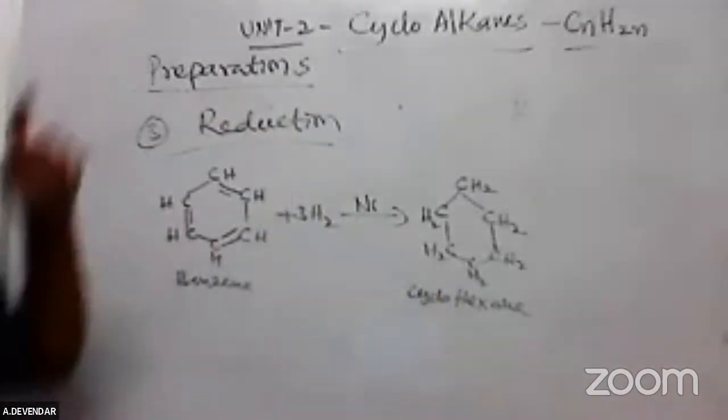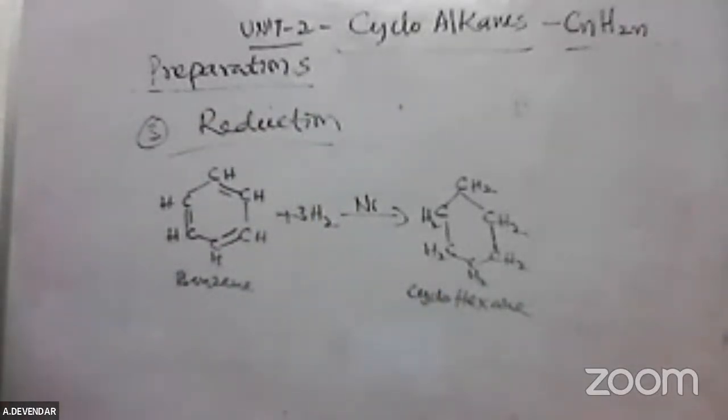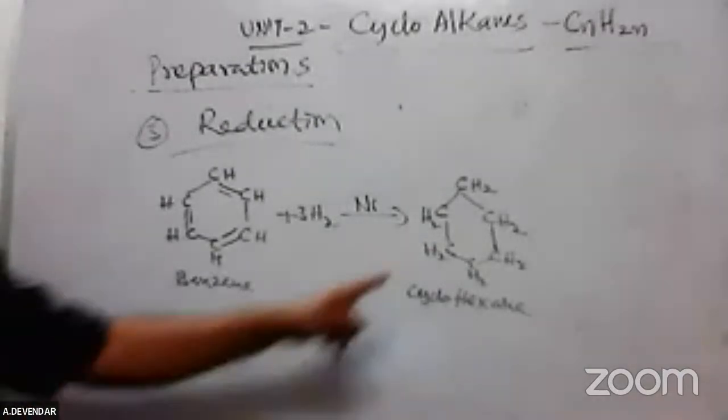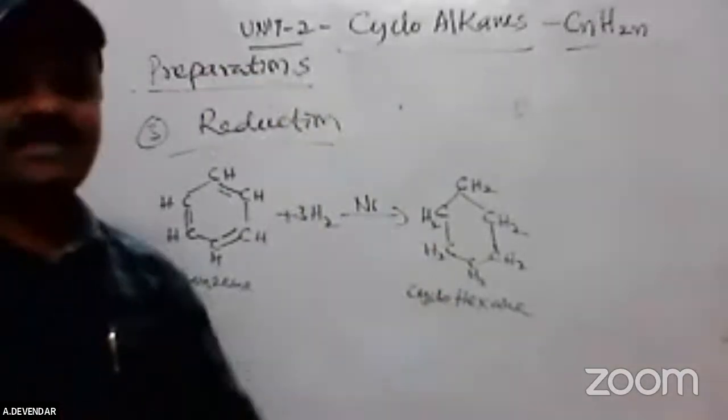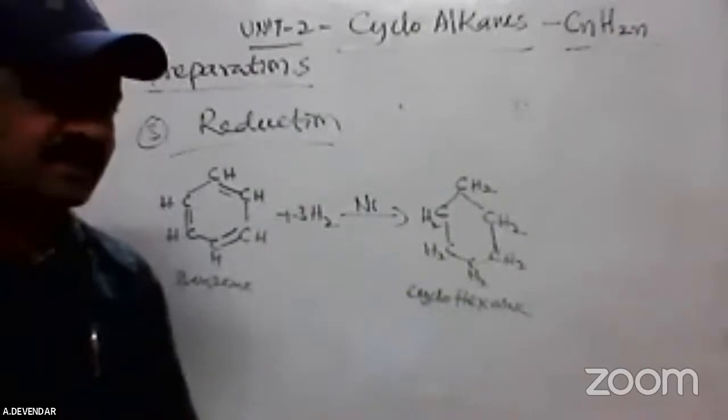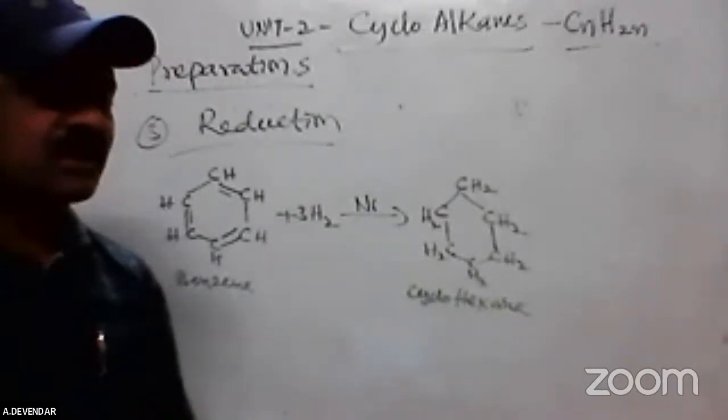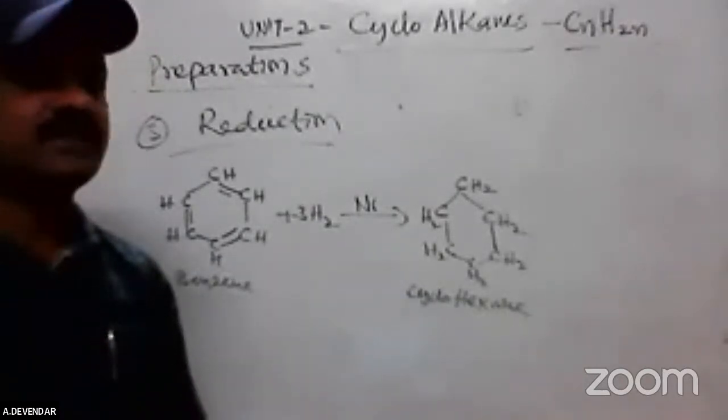This is called the reduction process. This is the simplest method of preparation of cycloalkane, but in this case also you can prepare only cyclohexane. In the Pulkins method, cyclopropane. In the reduction process, you can prepare only cyclohexane.